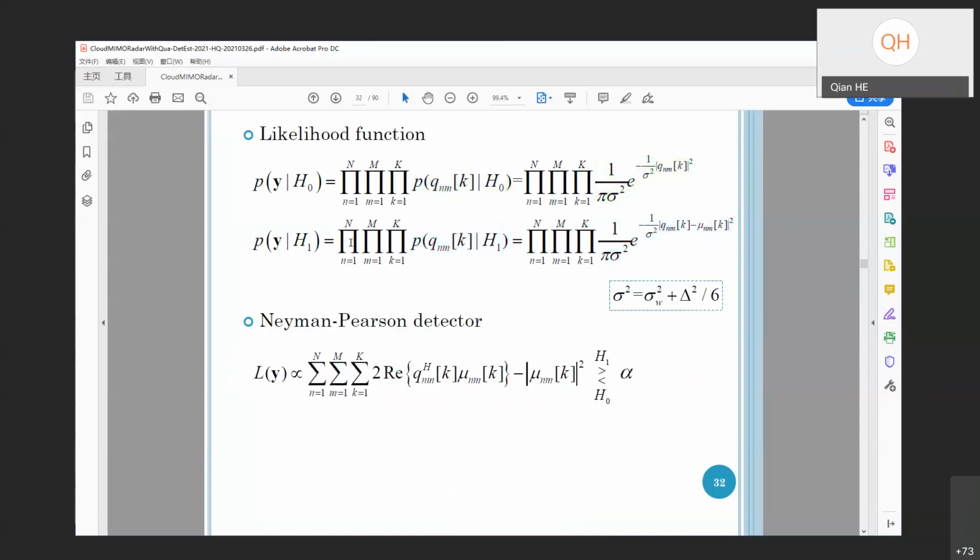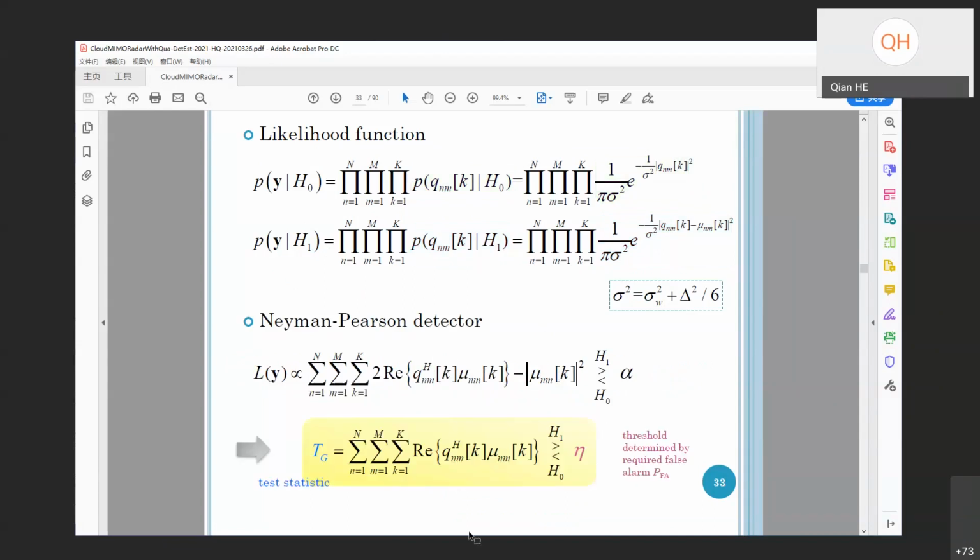You can again take the ratio and do the Neyman-Pearson or any other detection you like. And it turns out the computation is rather easy, right? So it turns out you have this test statistic and you can now consider the distribution of this guy. And then you can have a closed form solution for the detection probability.